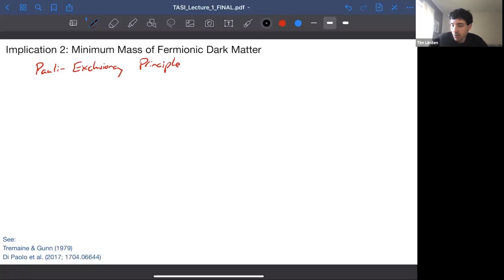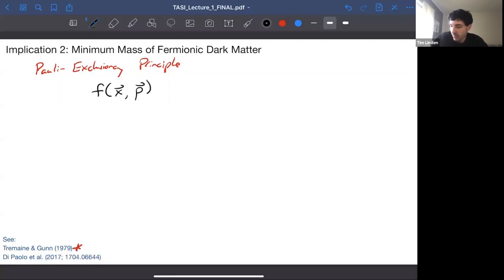This is also often called the Tremaine-Gunn bound, and refers to their paper from 1979. The idea is simply this: any fermionic particle can only fill so many states. And I think this was mentioned in the last lecture as well.